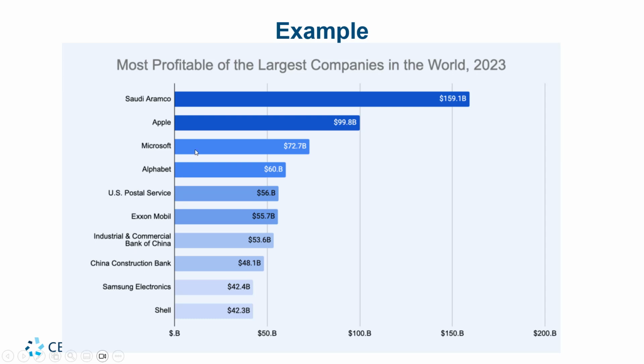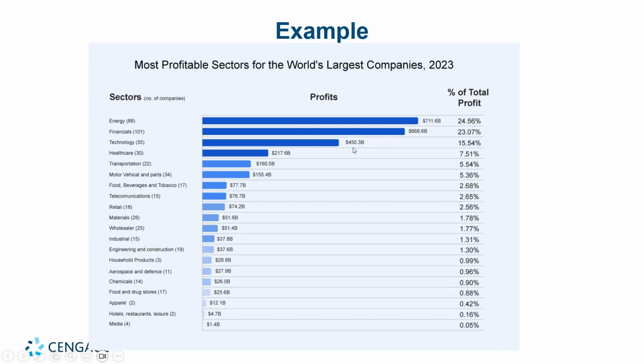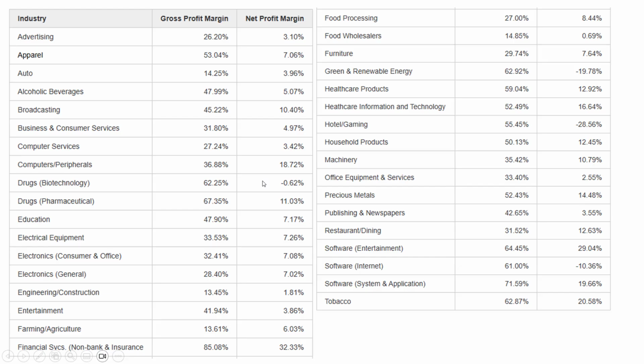So I think we find the largest, most profitable companies are either tech companies, oil companies, financial services, or like the USPS have some sort of monopoly. And we actually have by segment the profits from the most profitable companies: energy, financials, technology, healthcare, and transportation, with energy and financials and technology quite a way ahead of the other sectors.